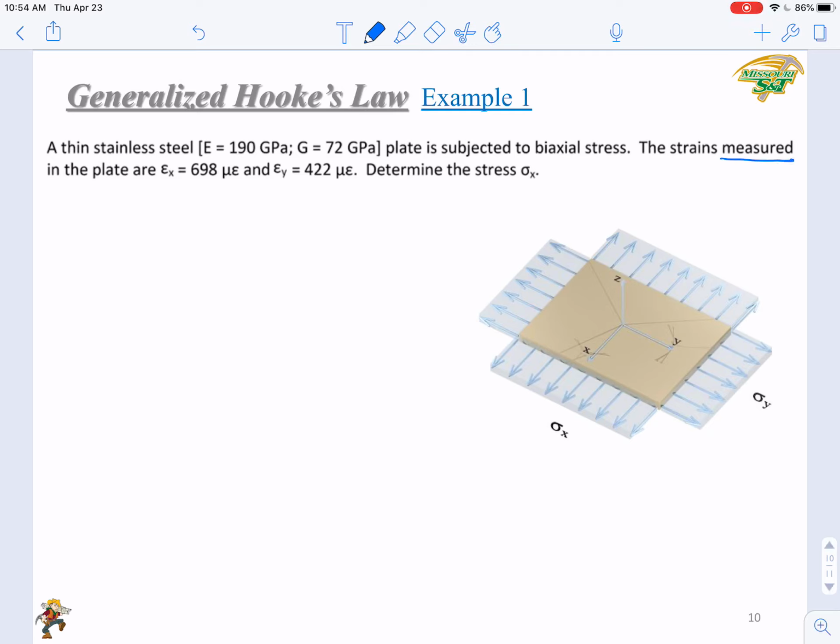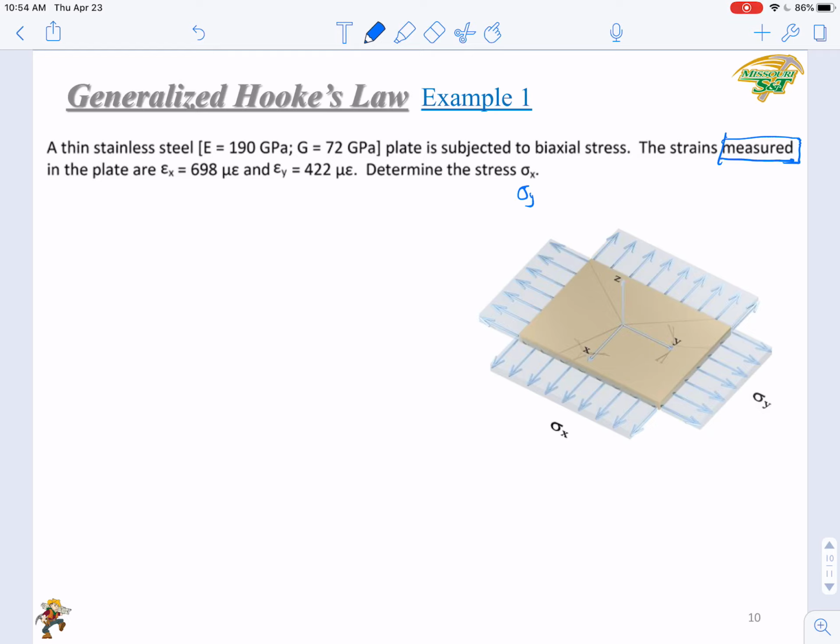Determine the stress along x direction, the normal stress, sigma x. I can also ask you to calculate sigma y, right? So you should know how to do that. Recall our last lecture: we use strain gauges to measure the normal strains along preset directions with known angles to the x direction.